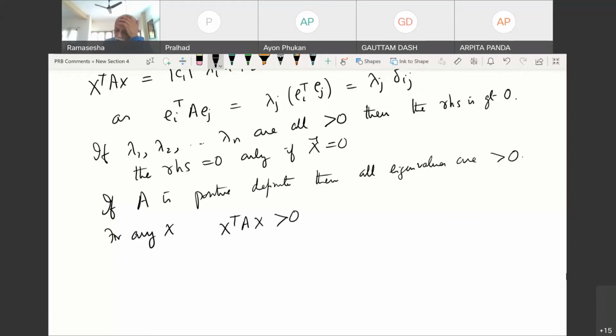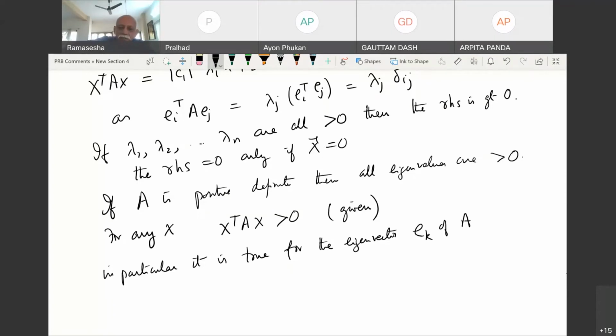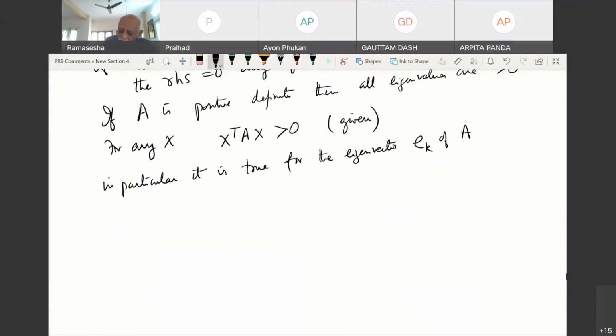So it's true for the eigenvector Ek of A. Okay, so what does it mean? I have Ek transpose A Ek greater than 0, that is lambda k Ek transpose Ek is greater than 0, but Ek transpose Ek is 1 because it's orthonormalized.